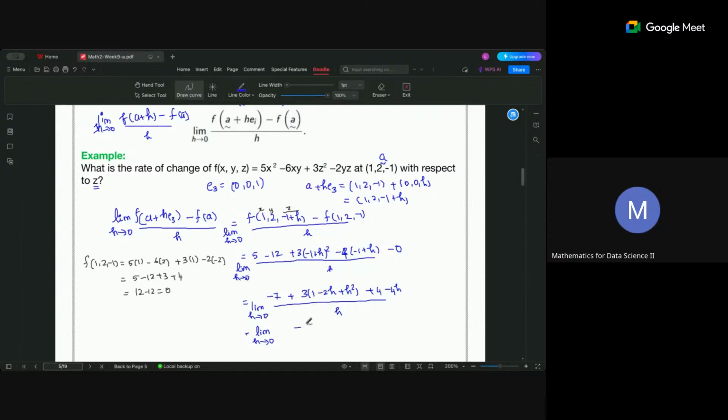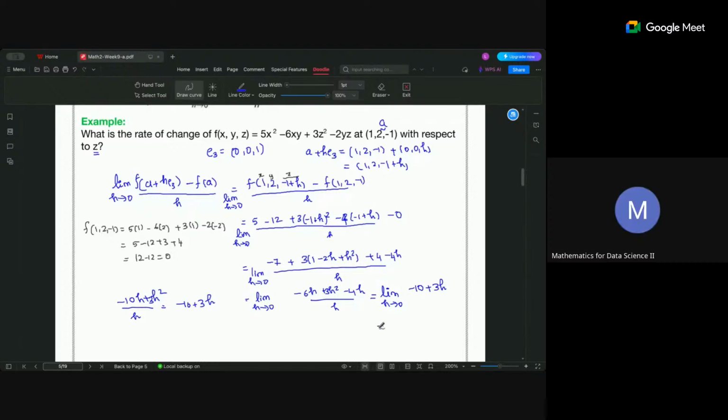You have minus 6h plus 3h squared minus 4h by h, so minus 10h plus 3h squared by h. Did I make any error? Here it is 3h squared. So you have minus 10 plus 3h. Ma'am, we are taking this e3 because we have to calculate with respect to z, right? Exactly. So you have minus 10 plus 3h. What is the limit? Minus 10.